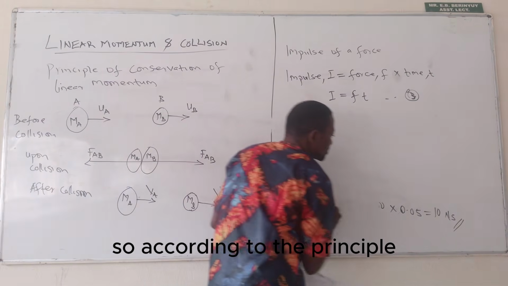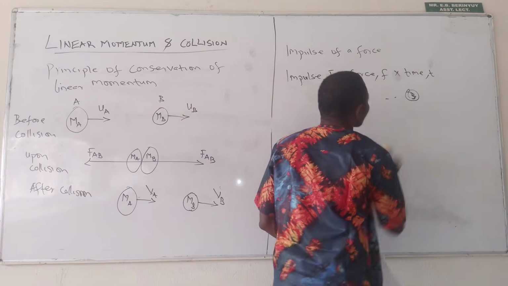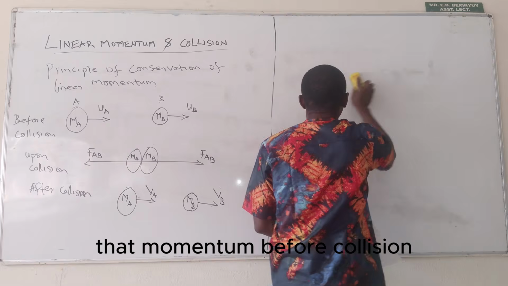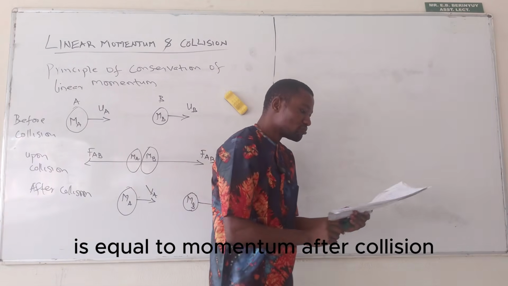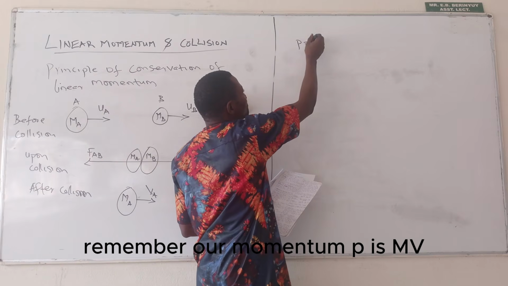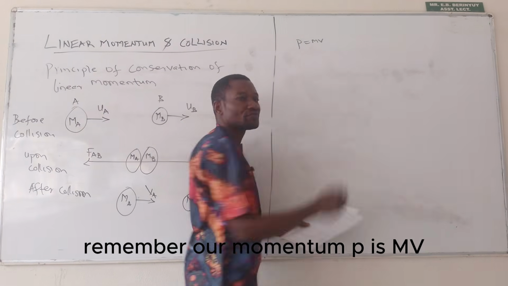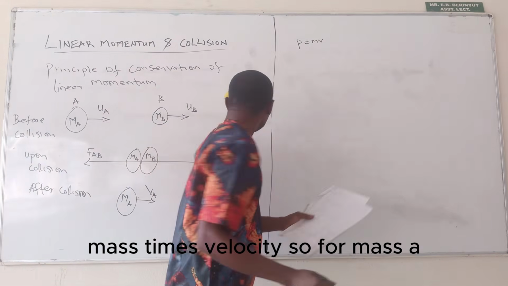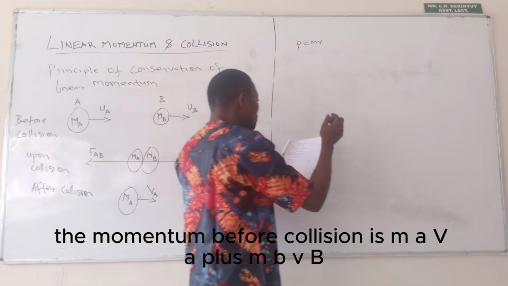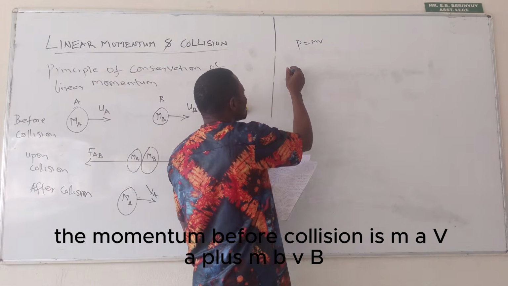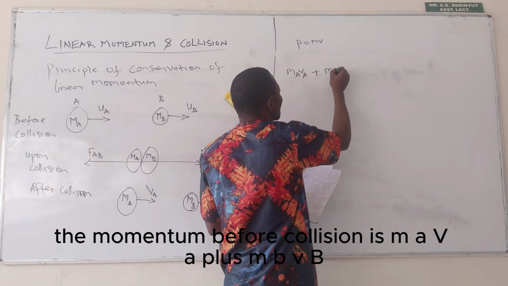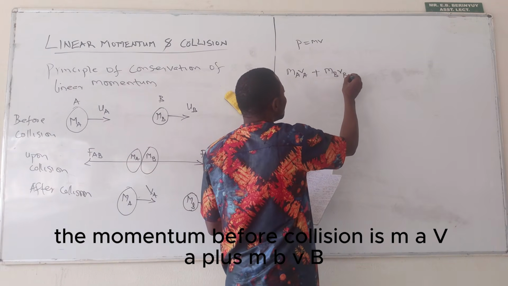So, according to the principle that momentum before collision is equal to momentum after collision. Remember, our momentum P is mv, mass times velocity. So for mass A and mass B, the momentum before collision is MAUA plus MBUB.